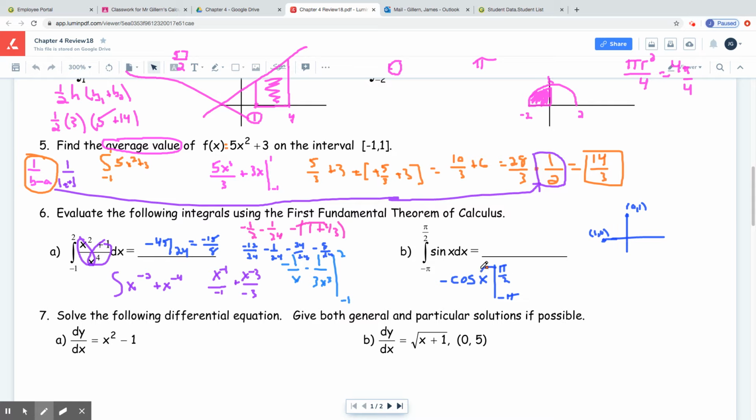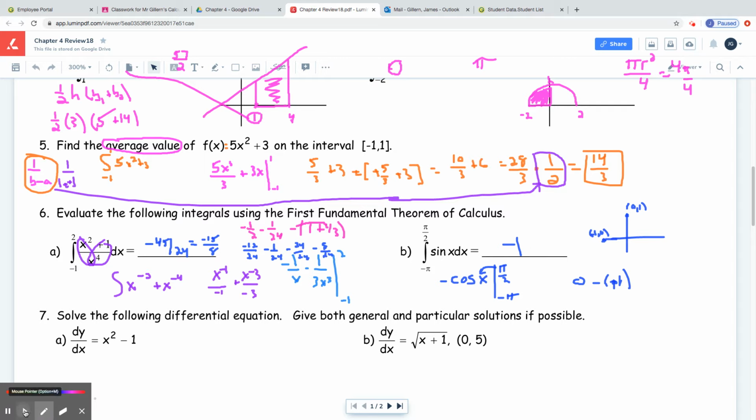So if we plug in pi over 2, we get the x coordinate of that, which is 0, minus, cosine of negative pi is negative 1, but there's a negative on the outside, which makes it a positive 1. It's a positive 1, but we're subtracting it. So 0 minus 1 is negative 1. All right, so there's our answer.